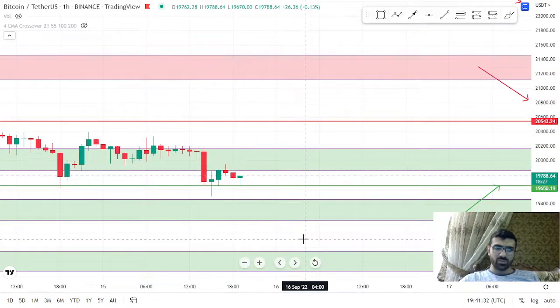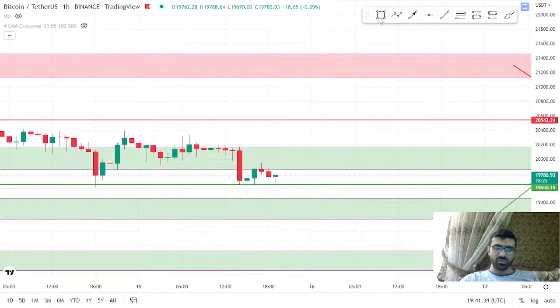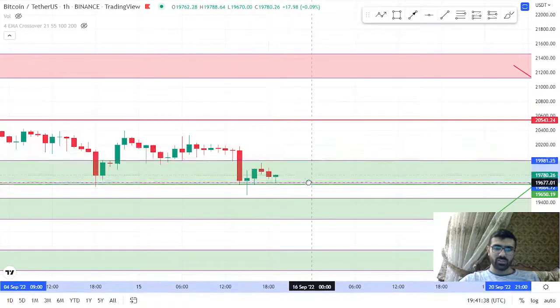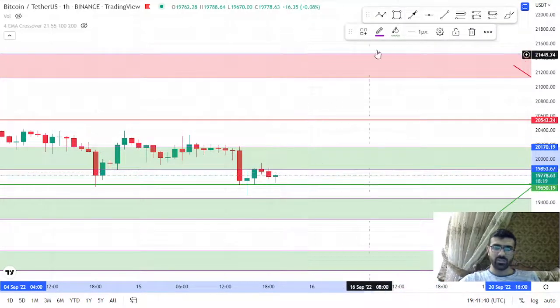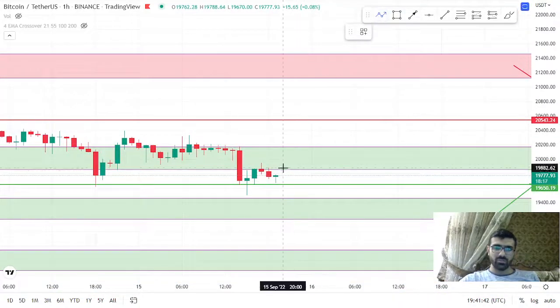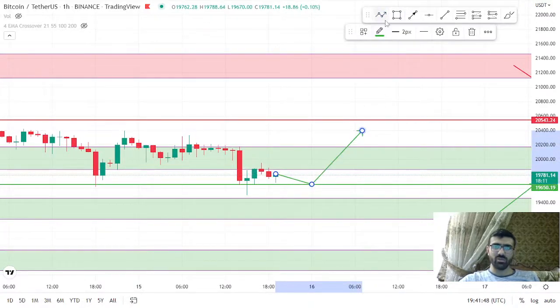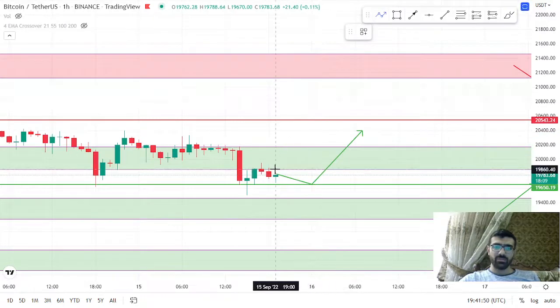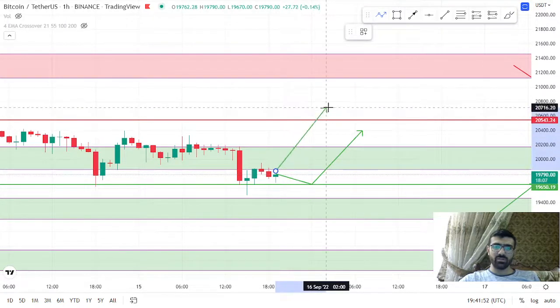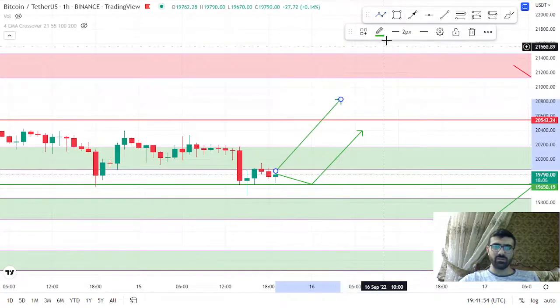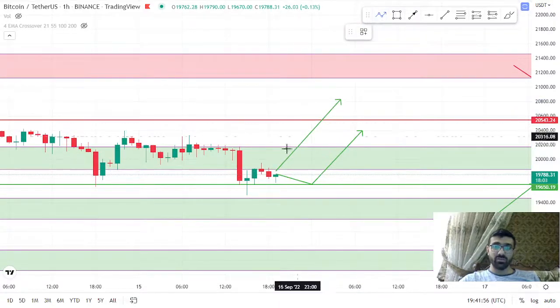Okay, so if market tests this support and market closes above this area, then we are going to go long. And if market just simply closes above this area of resistance, we are going to go long once again, if we are a risky buyer.